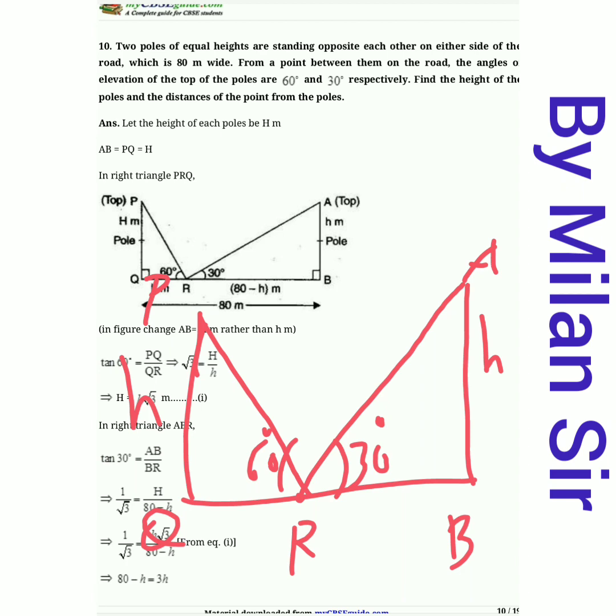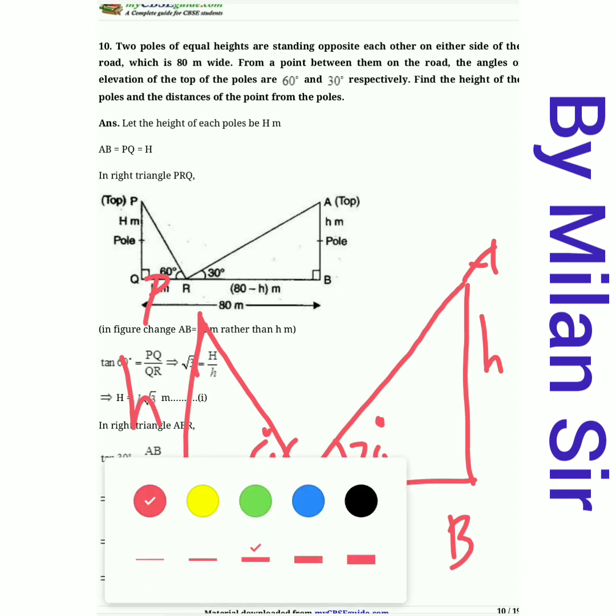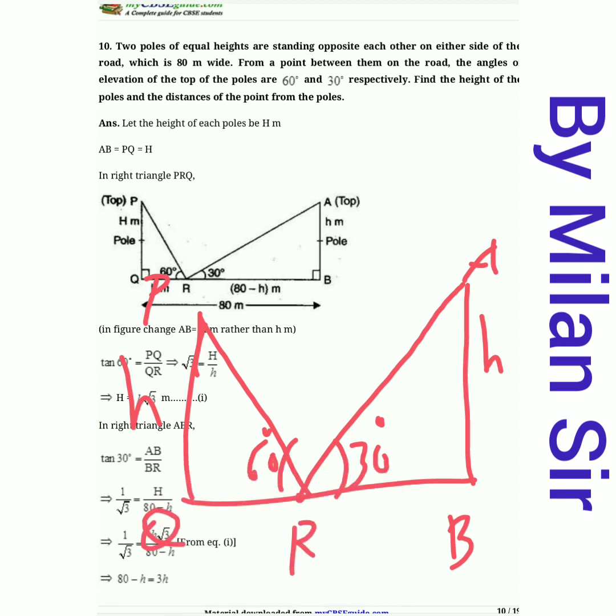Now one more thing is given. BQ is a road, right? It is 80 meter wide. BQ is a road, 80 meter wide, because it is given that poles are standing on either side of the road. So BQ is the road and on either side of the road, one pole PQ and one pole AB with the same height H. Now BQ is equal to 80.